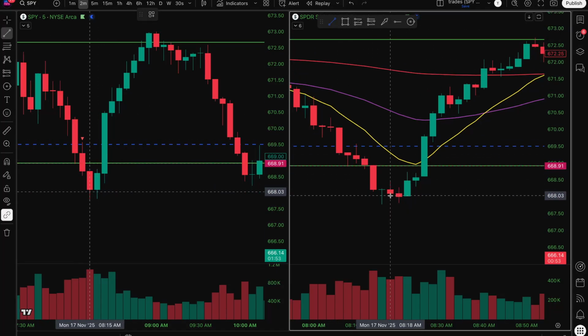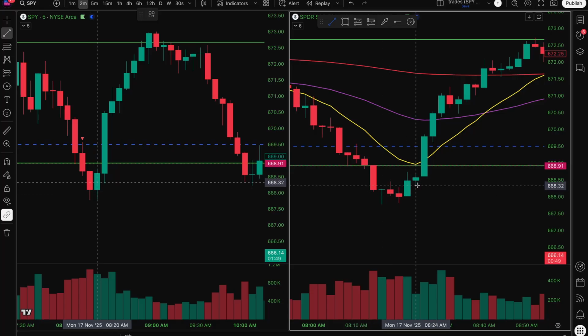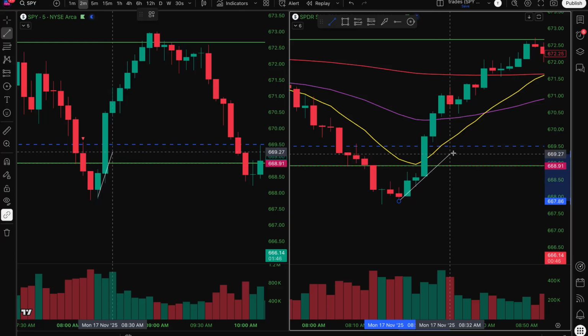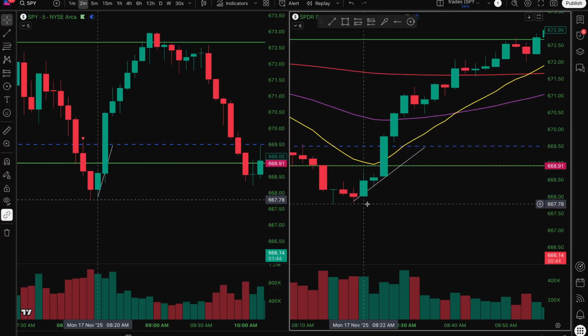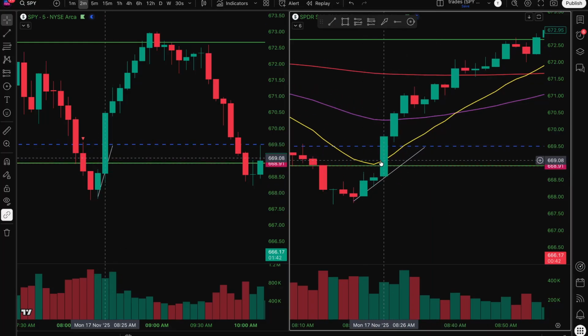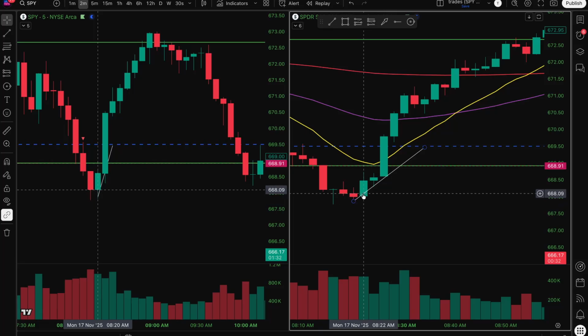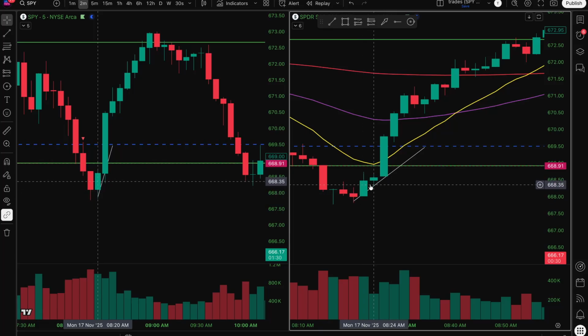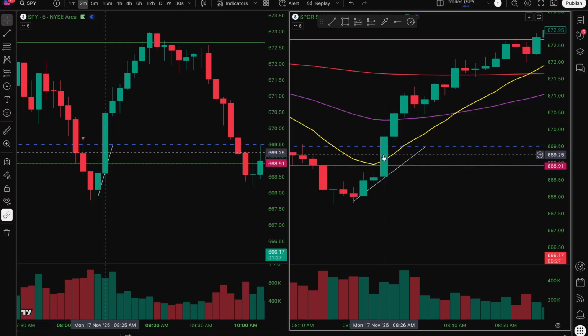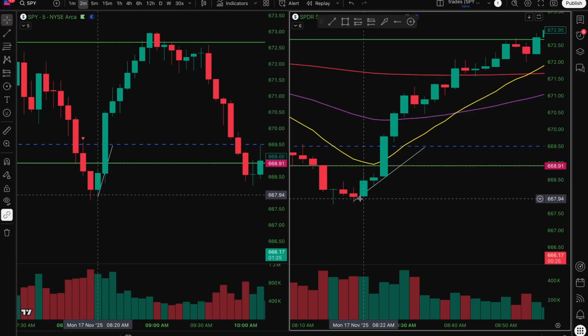So then it's around this time we start looking for the pullback. Ideally, once we start looking for the pullback to the 13 EMA, I'd like to look for a break of this trend. Most of the time, you'll see some sort of move into the 13 EMA where you can get a flag.